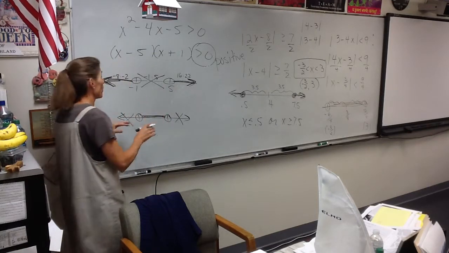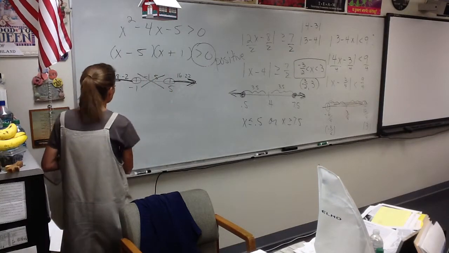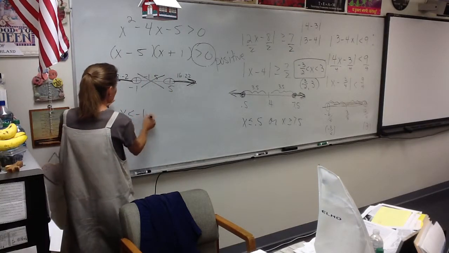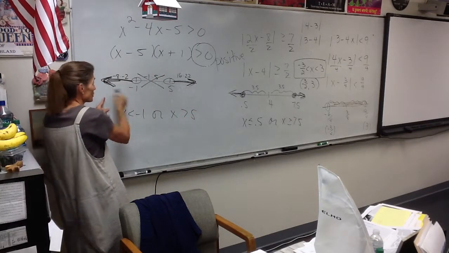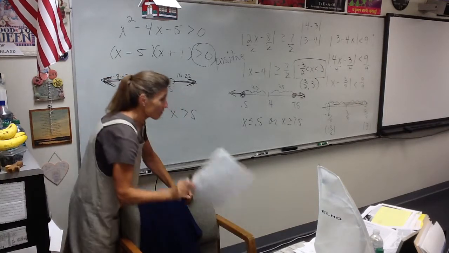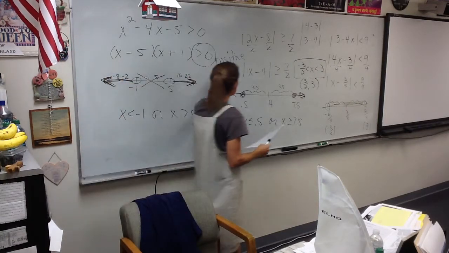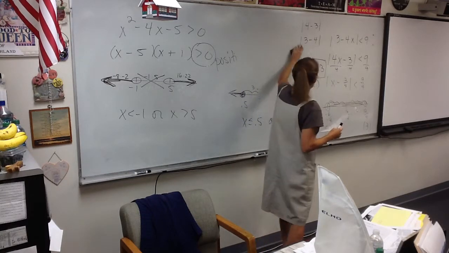Well, let's do some more problems, but first of all, let's write the answer to this one. The answer to this problem is everything less than -1 or greater than 5. These numbers worked, and these numbers worked. All right, that's our first example. I know that you're a little bit flabbergasted. How exactly does anything less than -1 make it greater?